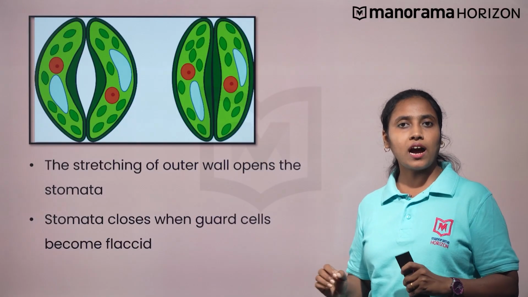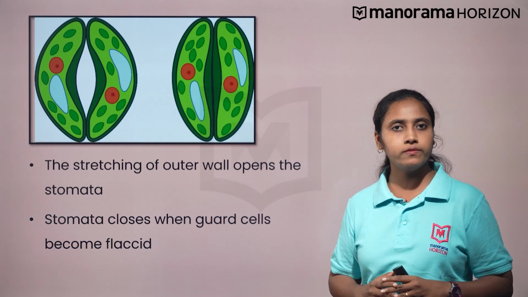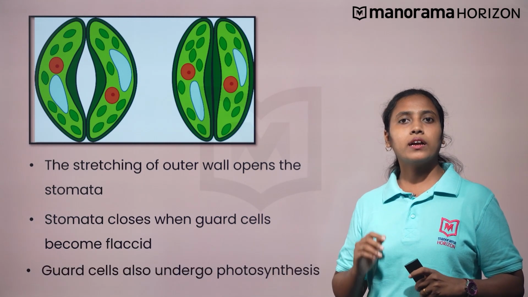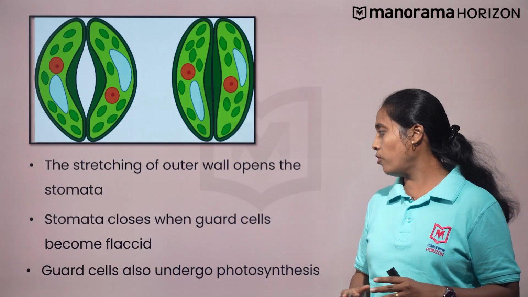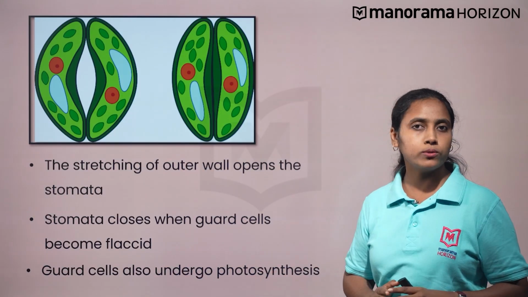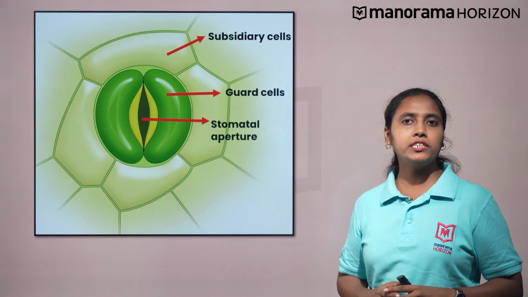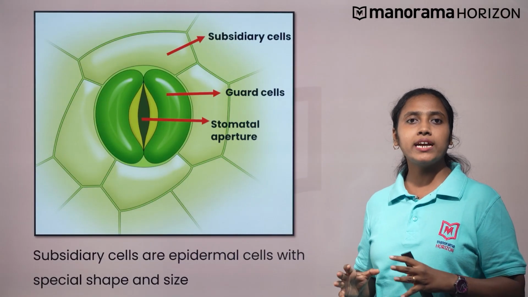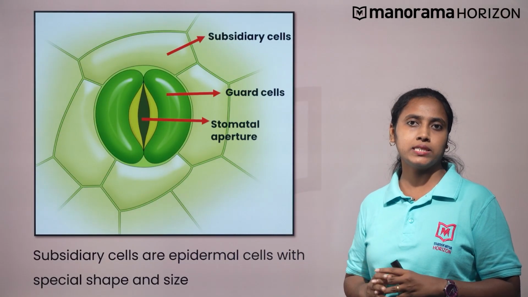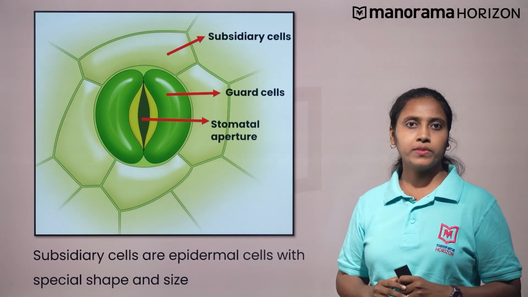Hence, it's the guard cell that regulates the opening and closing of stomata. Guard cells also contain chloroplast. Therefore, they undergo photosynthesis. Few cells of the epidermis found near the guard cells have specialized cell shape and size and are known as subsidiary cells.